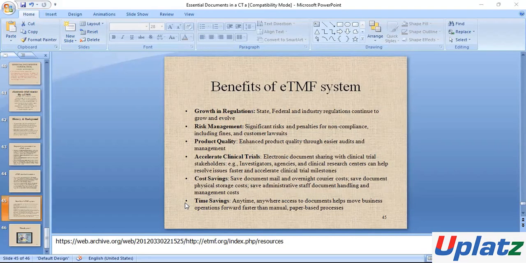But as a sponsor, you can view all 30 sites' documents, correct? Again, if you are uploading any documents which are audit related, only auditors should have access. But there are some documents which auditors should not view. You can restrict the access of auditors to certain folders. So it becomes very easy to provide data to auditors.